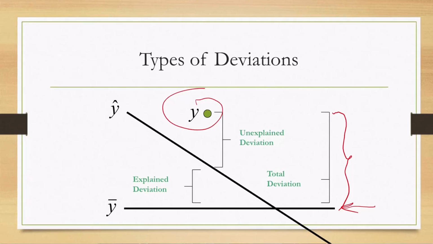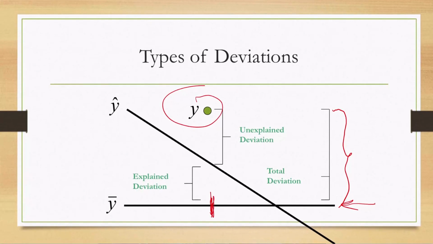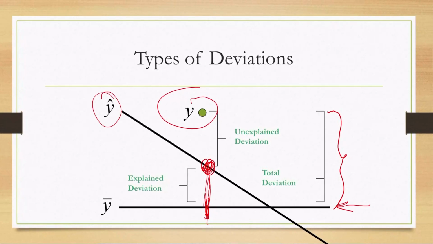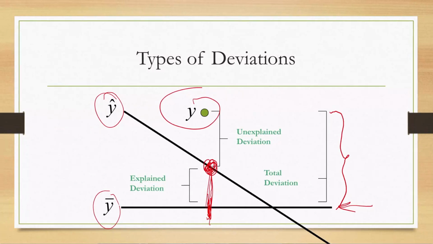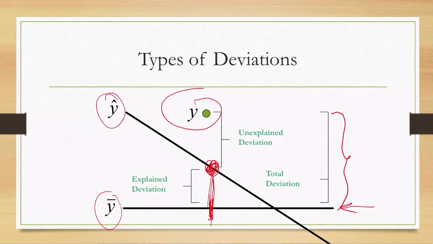Our x value for that point is right here, and it predicts that we will be above the mean. So we're explaining in part why we are above the mean. Notice that's the difference between the predicted and the mean. So that's the explained part. But then there's a leftover that we didn't explain. We knew that the point would be above the mean, but we didn't know it would be that far above the mean. So what's left over there is the unexplained deviation.